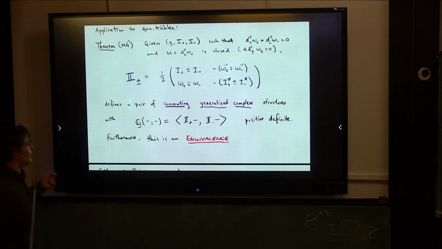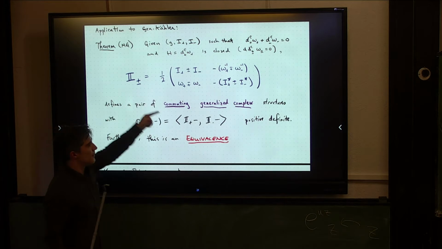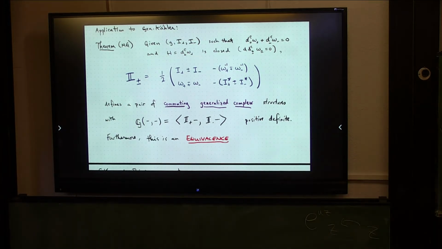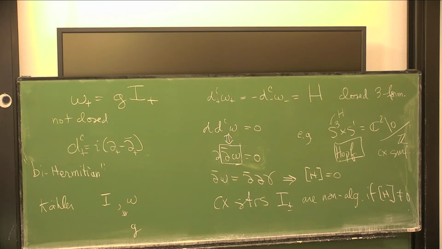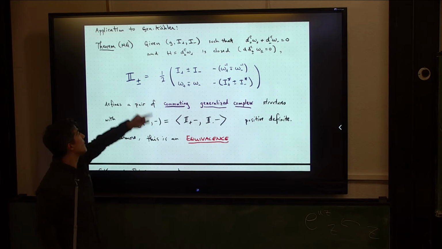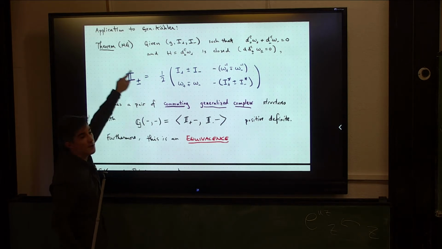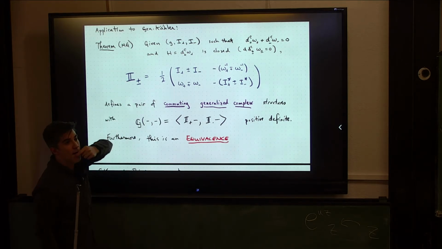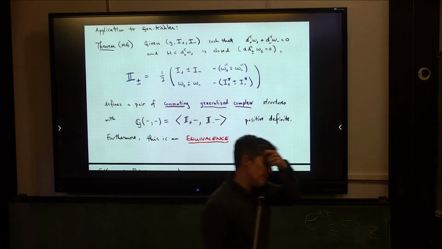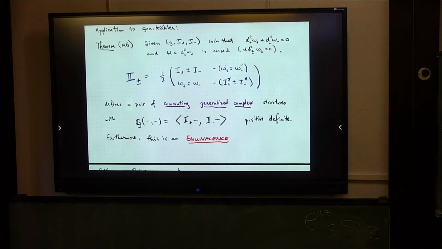And the cool thing is that the Neveu-Schwarz three-form flux, this H, is what is used in the Courant bracket for which these are involutive, or integrable. So the three-form flux occurs in the integrability condition of I plus and of I minus. And they're both integrable with respect to the same H, the same three-form.